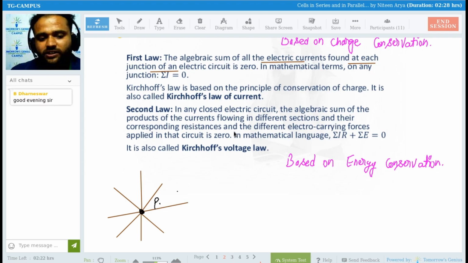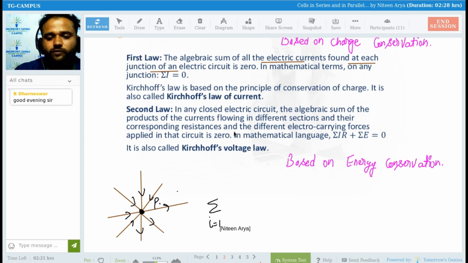Here, if some number of currents is coming in, say 1, 2, 3 in and 4 out, then the net summation of I from 1 to n, summation of I, is 0.